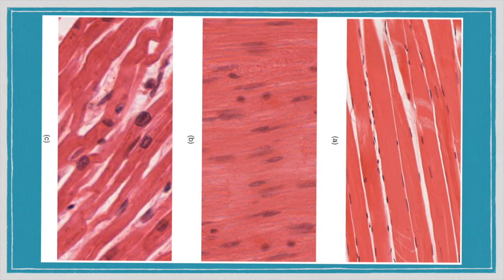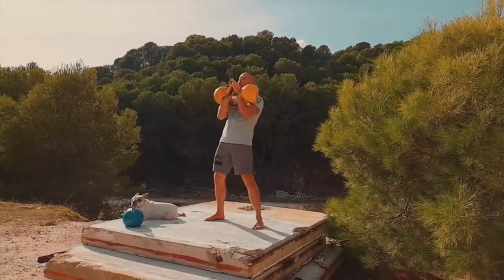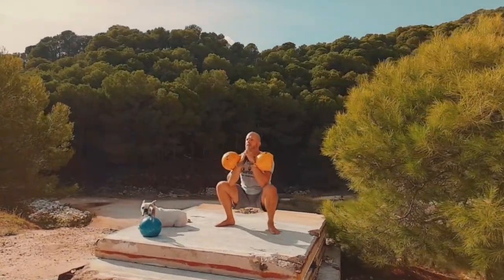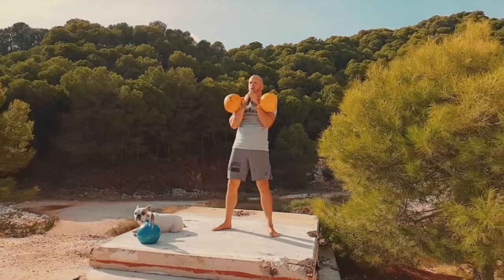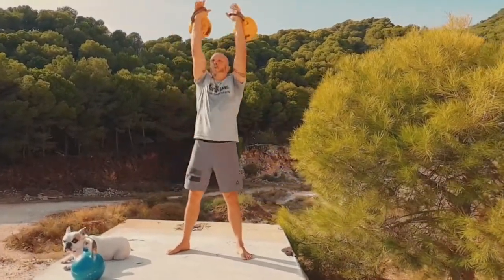All three muscle tissues have some properties in common. They all exhibit a quality called excitability, as their plasma membranes can change their electrical state from polarized to depolarized and send an electrical wave called an action potential along the entire length of the membrane.